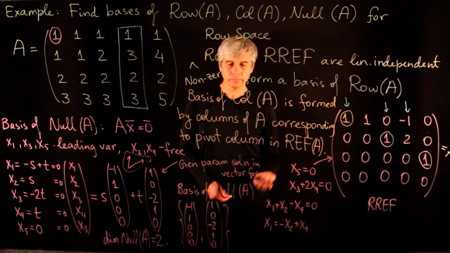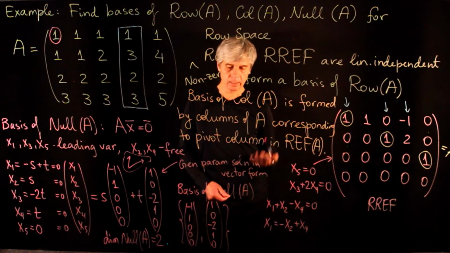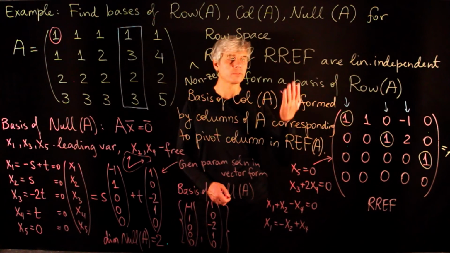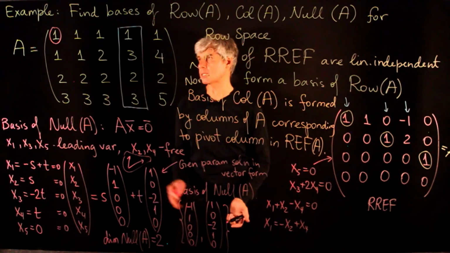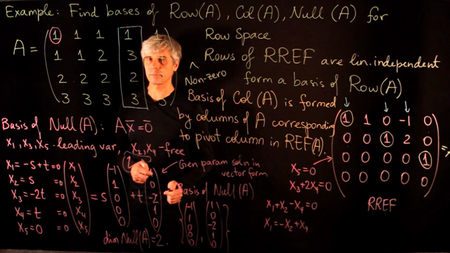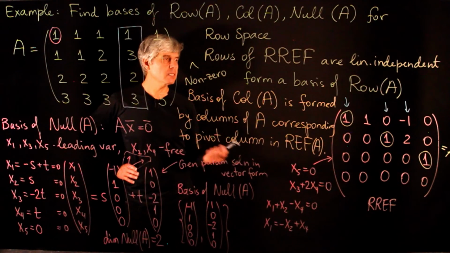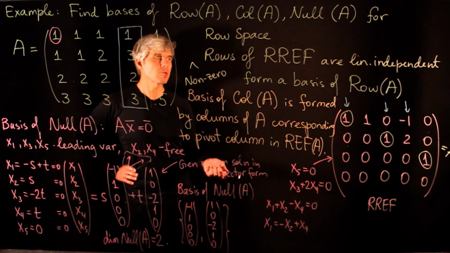So here we found the basis of the row space, the column space, and the null space for this matrix. So what we see is that these ideas generalize to any matrix.